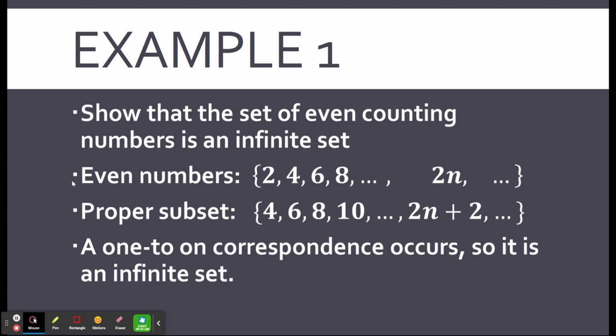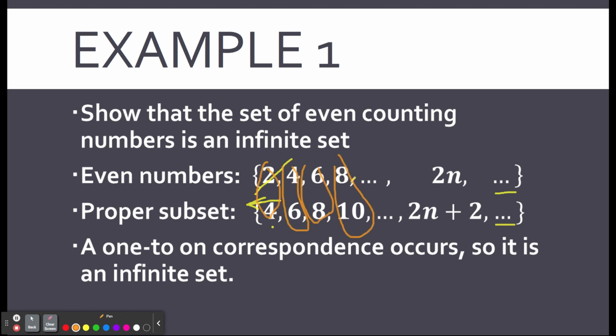Here's example 1. Show that the set of even counting numbers is an infinite set. That means that we've got this ellipsis at the end, and this will work all the way to infinity. For this example, we're going to chop this first number off and shift everything down by 1. What we're looking for is correspondence between 2 and 4, 4 and 6, 6 and 8.